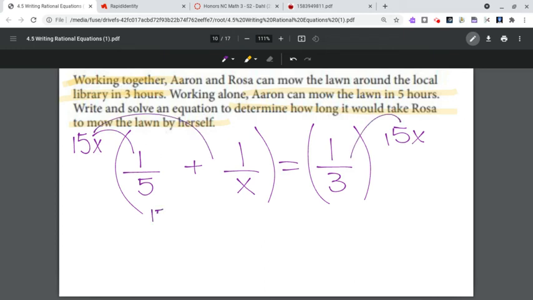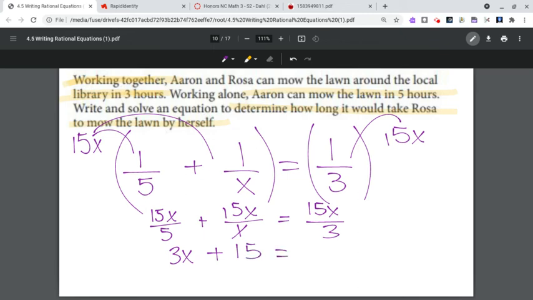We get 15X over 5 plus 15X over X equals 15X over 3. 15X divided by 5 is 3X, plus 15X over X is 15, equals 15X divided by 3 is 5X.